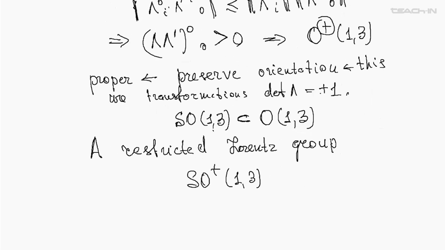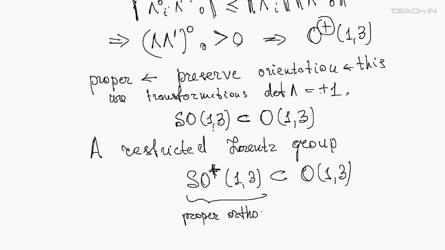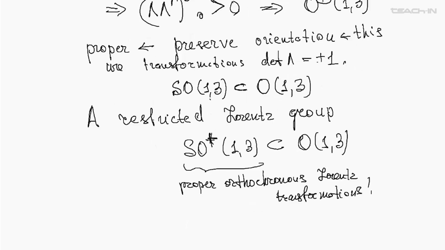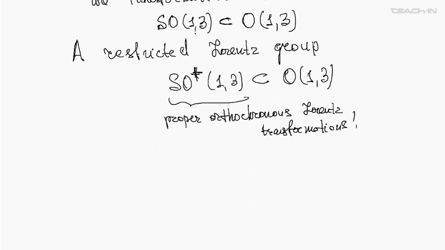And it consists of proper orthochronous Lorentz transformations. Okay, and so, among proper orthochronous Lorentz transformations, actually the identity matrix is a proper orthochronous Lorentz transformation. So the identity matrix belongs to this topological component of the Lorentz group.